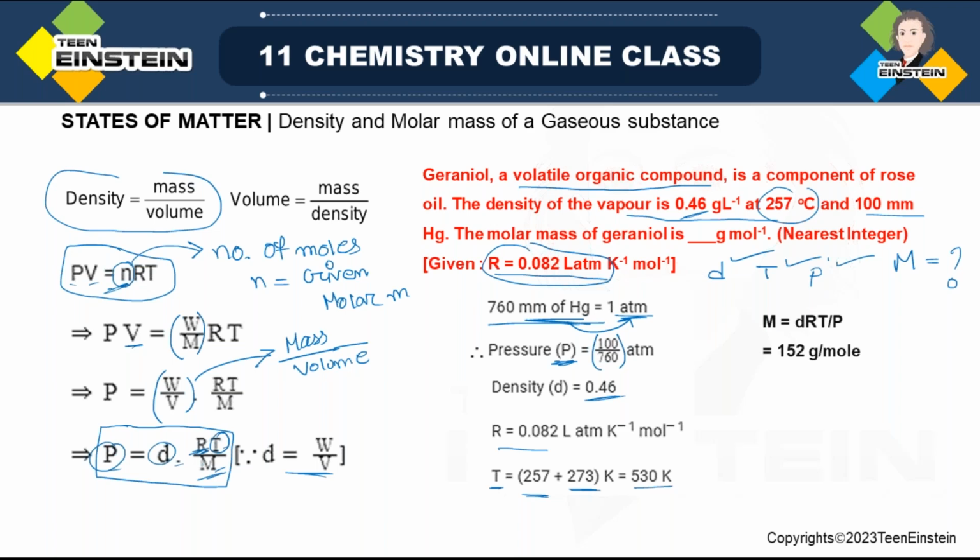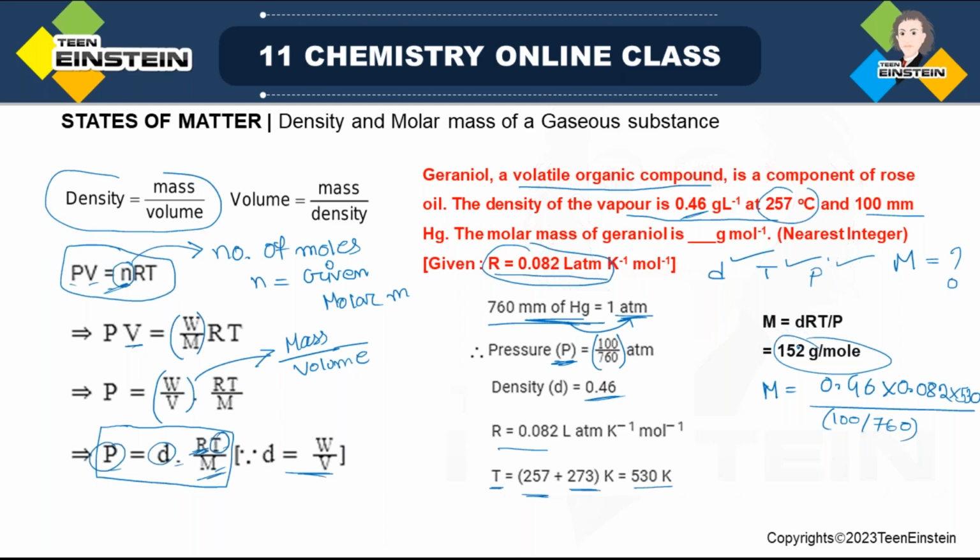So capital M is dRT by P. Just put all these values: 0.46, then 0.082, then 530, divided by the pressure, which is 100 divided by 760. If we do this calculation, the answer we get is 152 gram per mole.